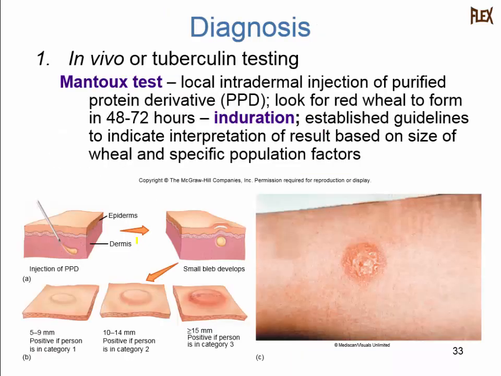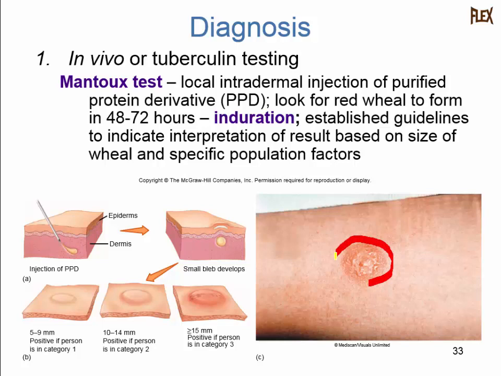And so how do we make sure that we are protecting ourselves? We do the Mantoux test, which is the PPD, purified protein derivative. The PPD test, or the Mantoux test, is a slight injection through the epidermis. If a patient has antibodies to the distinct tuberculin proteins, then there will be a specific wheal that will emerge.